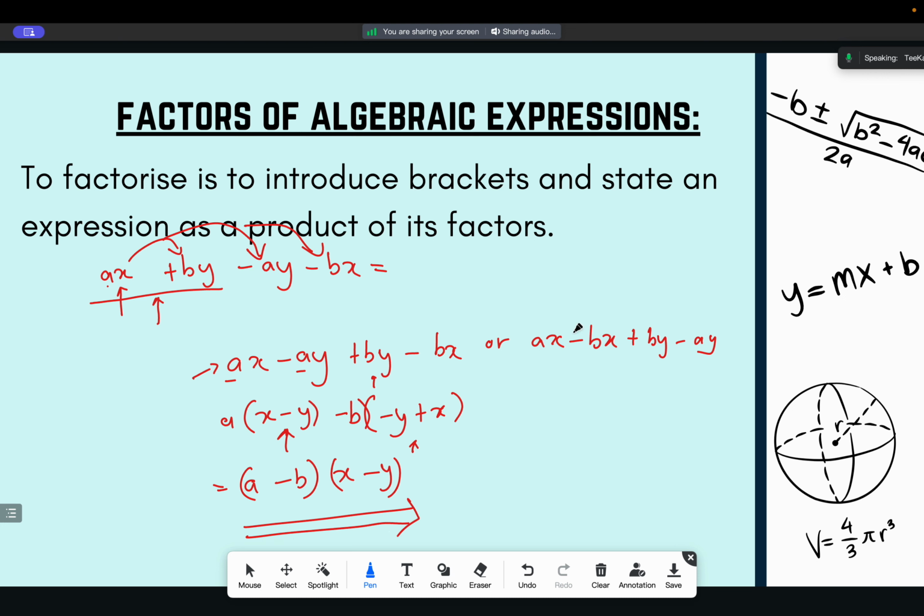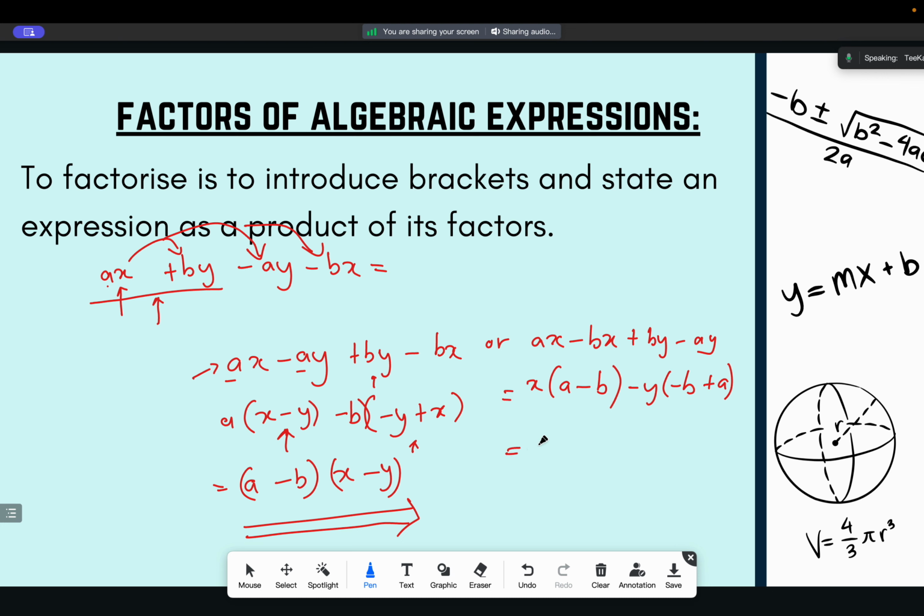Okay, we can try this again. So here now our vector is x. So we take out x, and x into here gives us a minus b, because x into this one is minus b. And then here we want minus on b, so we take out minus y, because y is the vector. And then here we have minus b plus a.